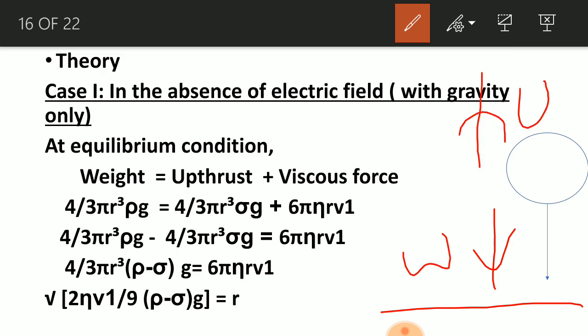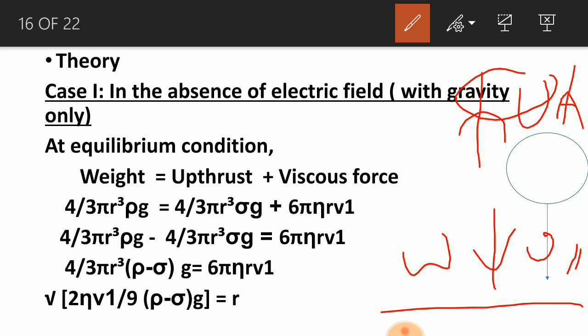If this oil drop moves downward with velocity v1, that is the terminal velocity of the oil drop, then the upward force will be the viscous force, because we already know that if an object moves downward, the viscous force will be upward. So in equilibrium, the two upward forces will be balanced by the weight. So weight is equal to upthrust plus viscous force.